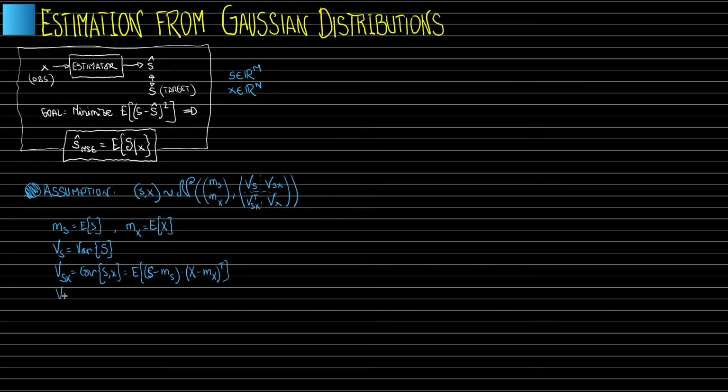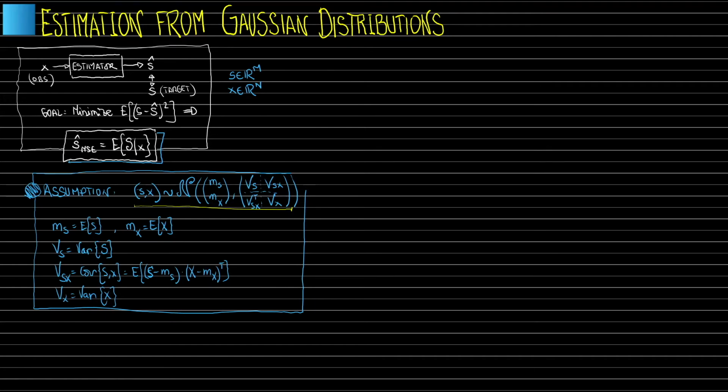And vx is the variance of x. Okay. So these will be our basic assumptions, and our goal will be to find the expected value of s given x, that is the minimum mean square error estimate in this case.